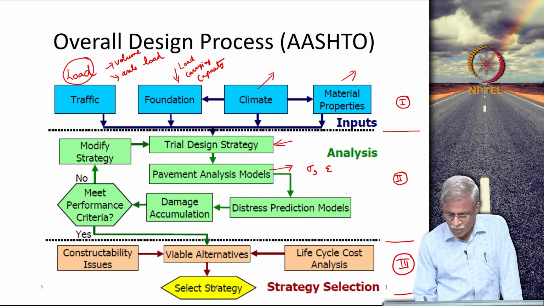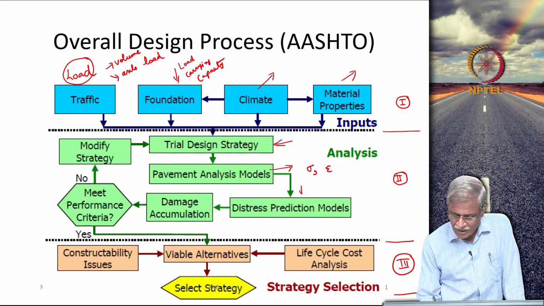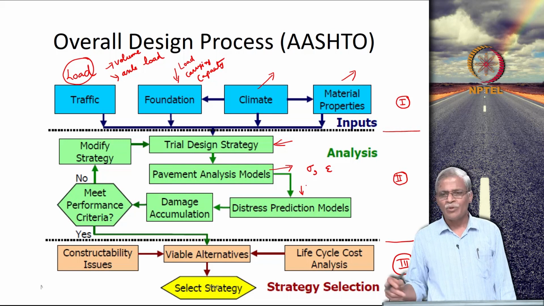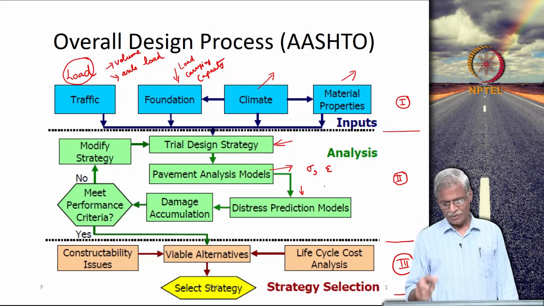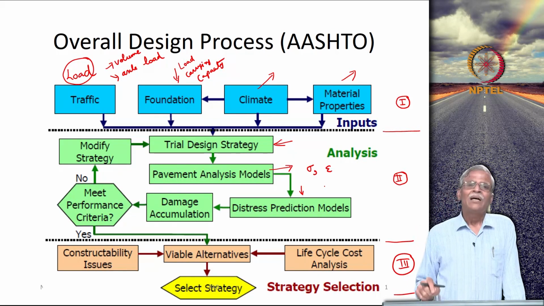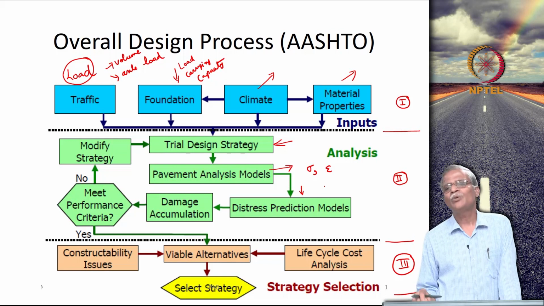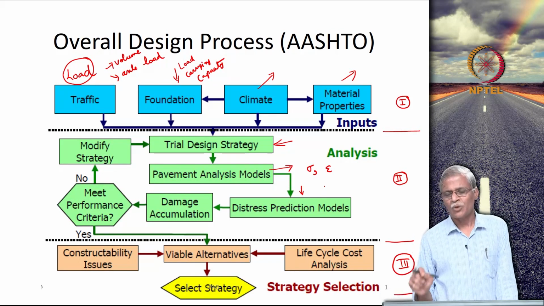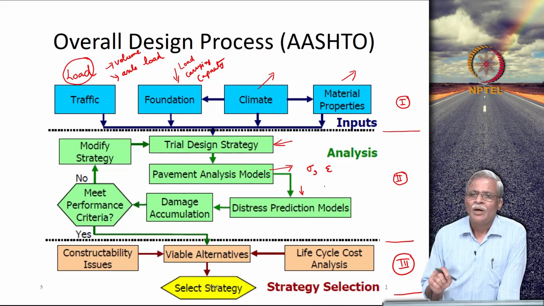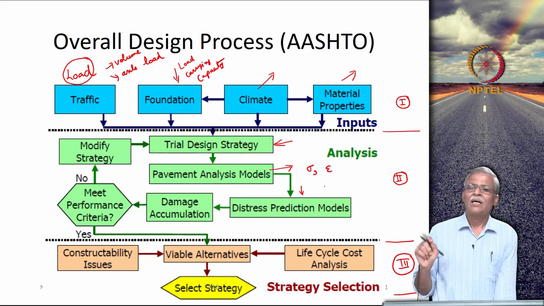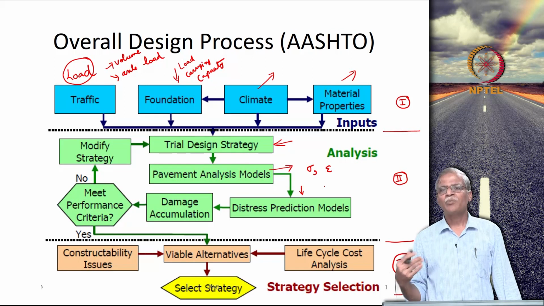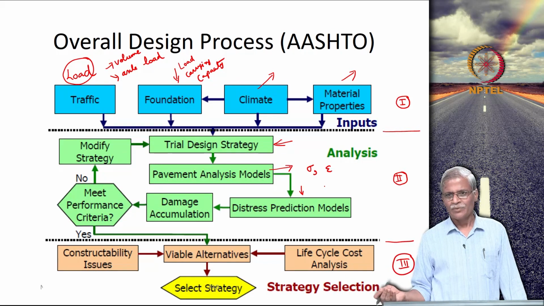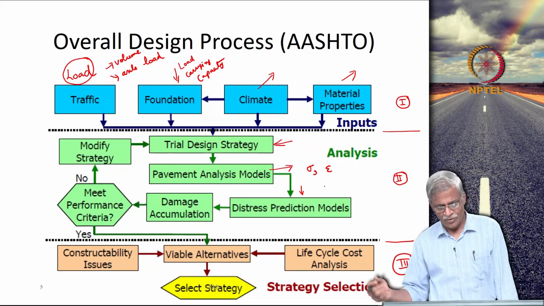Then after that, you come to the distress prediction models. We will be explaining as we go along. For this pavement cross section that you have taken as a trial, with the material properties given as input, and using a computational mechanics procedure, what will be the critical stresses and strains, and how can these critical stresses and strains be related to the expected life of the pavement, in terms of rutting, in terms of fatigue?